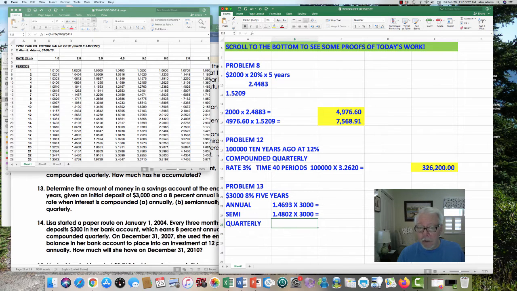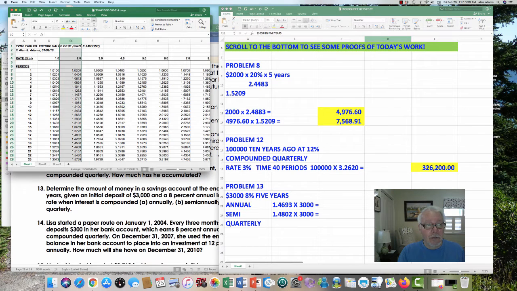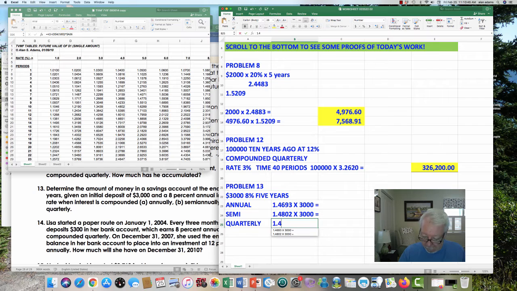Finally, we go to quarterly. 8% for 5 years, if you do it quarterly, 4 times a year, that would be 2% times 20 years. 2%, 20 years, 1.4859. Multiply that by 3,000.